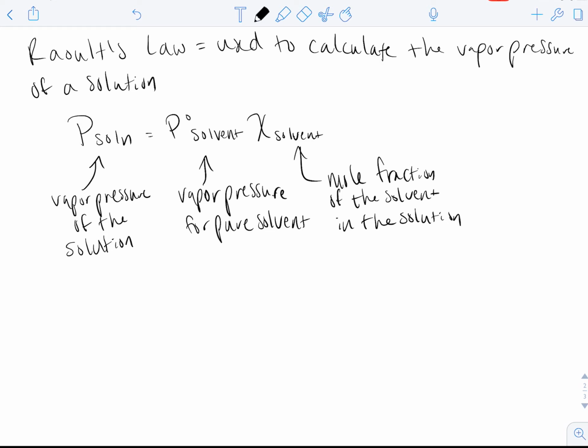Okay, so just another note: in the case of Raoult's law, we need a non-volatile solute, so that the solute cannot add vapor pressure into this.